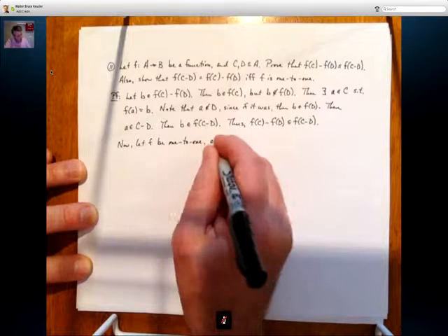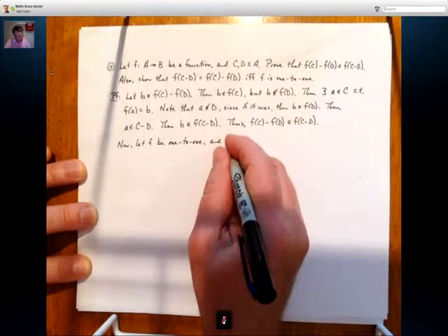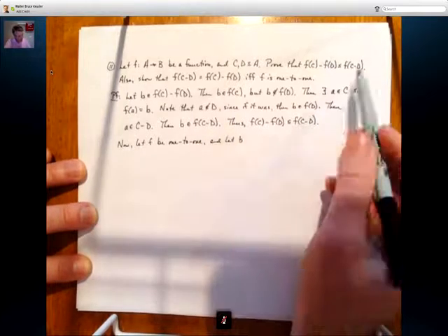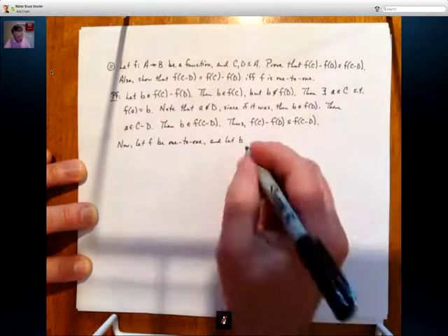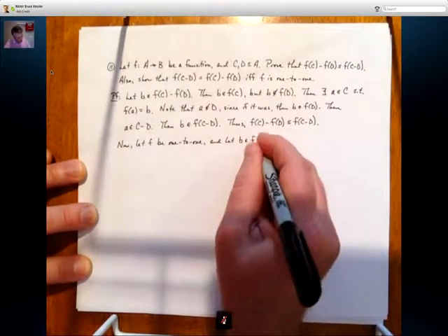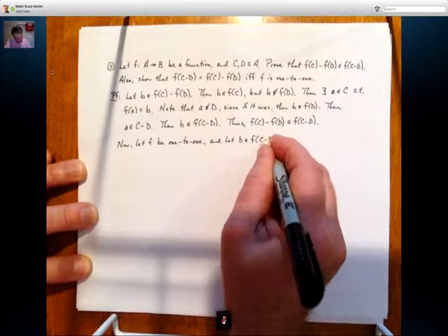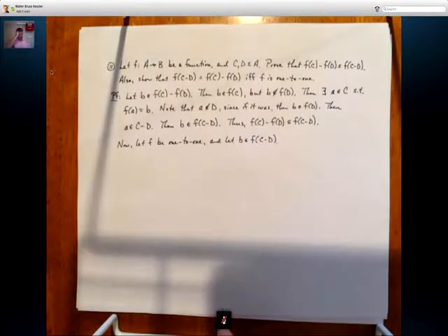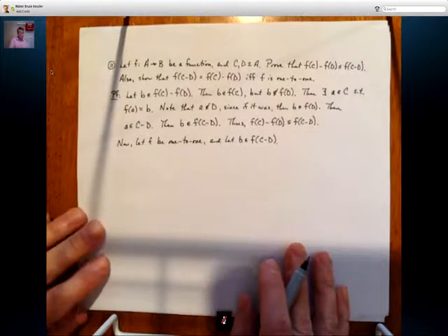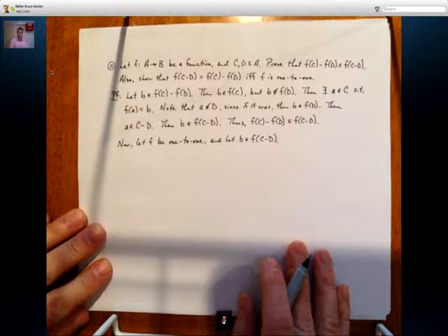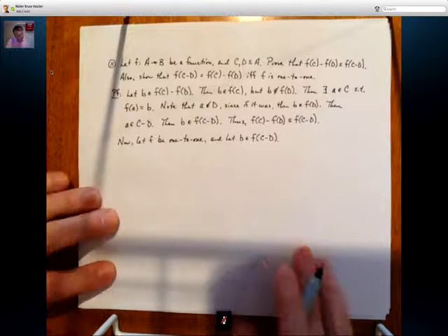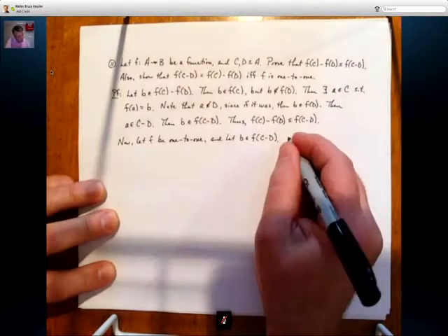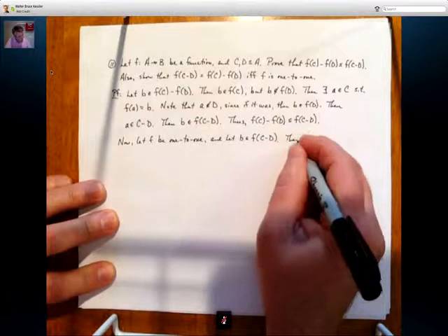One to one, and let's let B be something on this side. Now there'll come a point in this side of the proof where it's going to become pretty crucial that f be 1 to 1. But let's wait till we get there.